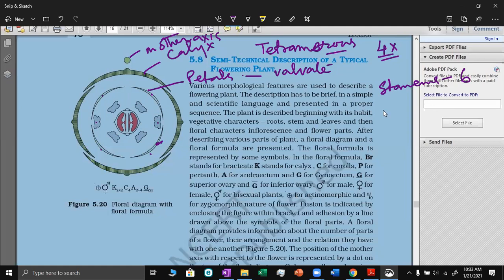So here we write 2 plus 4, that is 6 stamens in 2 plus 4, because in 2 rings, and here these 4 are larger, and that's why it is tetradynamous.